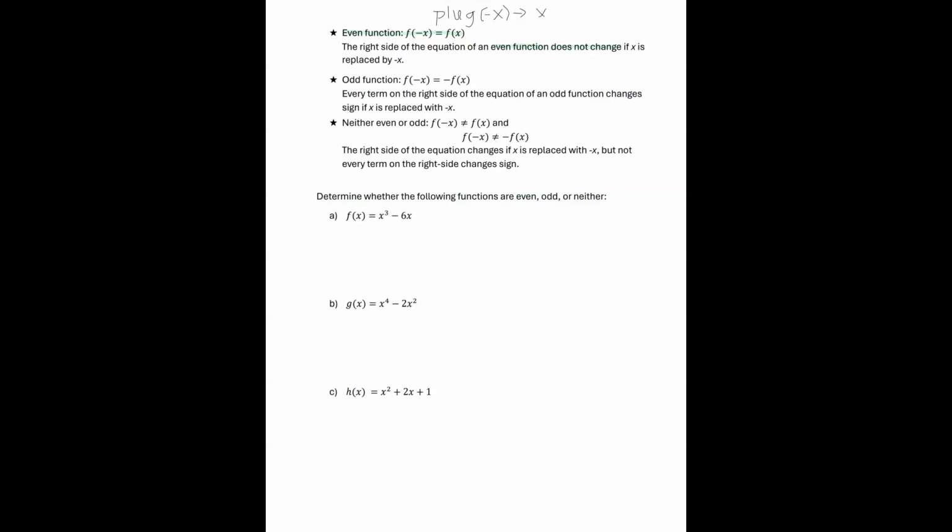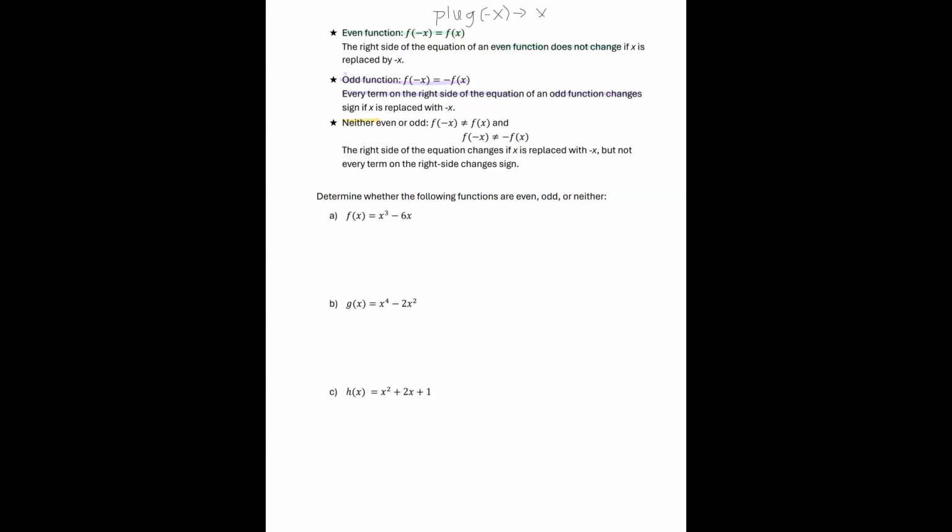Now, with an odd function, every term on the right side of the equation changes when we do that, okay? So every term changes. Even, nothing changes. Odd, everything changes. Now, let's pick a different color.